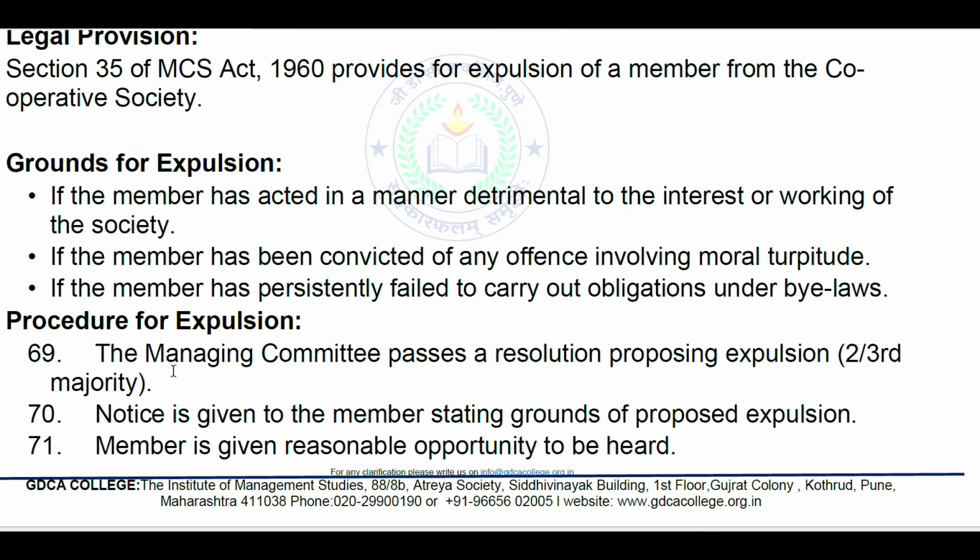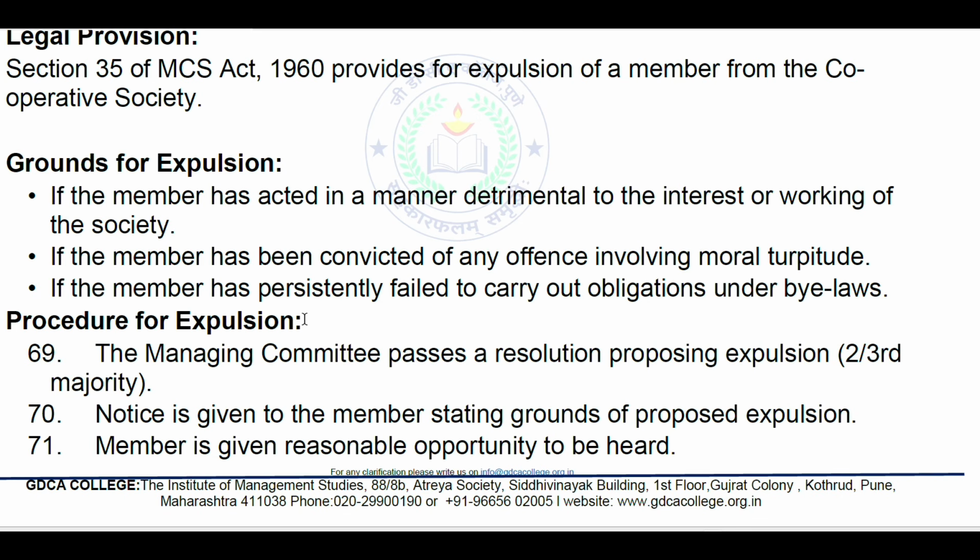Procedure for expulsion: the managing committee passes a resolution proposing the expulsion, that is of 2/3 majority. So out of 3, 2 people have to be in favor of expulsion. Notice is given to the member stating the grounds of the proposed expulsion.